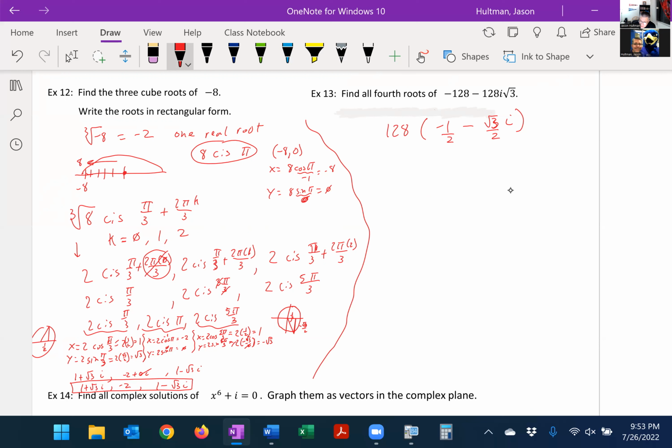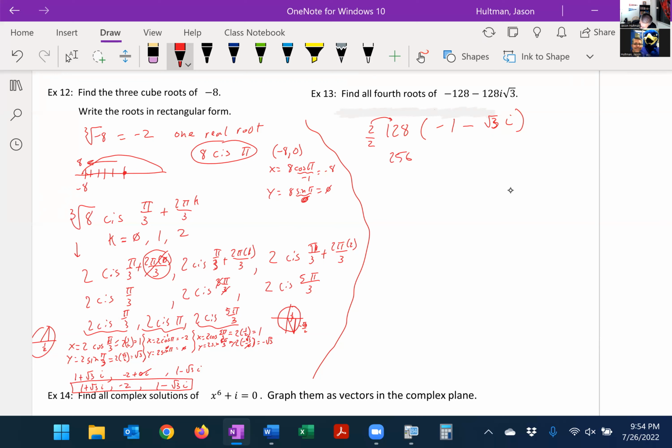So if I multiply both top and bottom by 2, 2 over 2, then I can distribute the 2 to the 128, and that becomes 256.